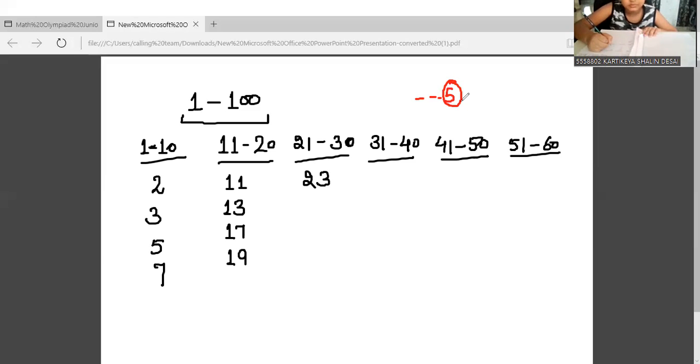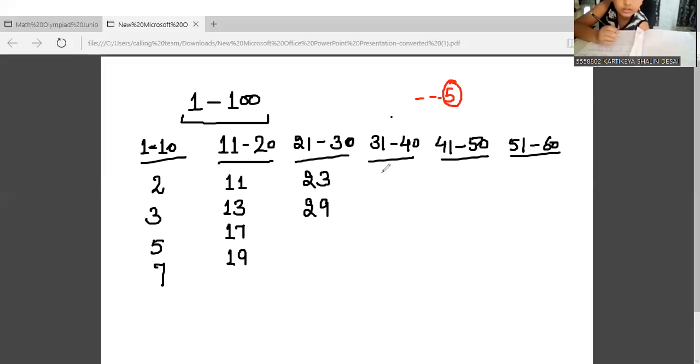So out of odd numbers, I can skip all the numbers which are ending in 5 as well. Is it fine? Yes. So after 23, I'll not consider 25. I'll directly come to 27. What about 27? Yes, Kartike, your turn. Is it divisible by any number? It is divisible by 3. Very good. So 27 is also out. So here we come to 29.